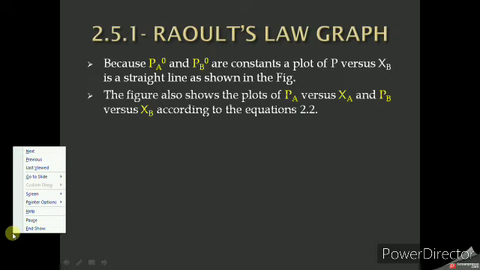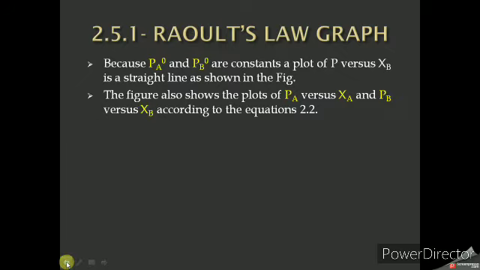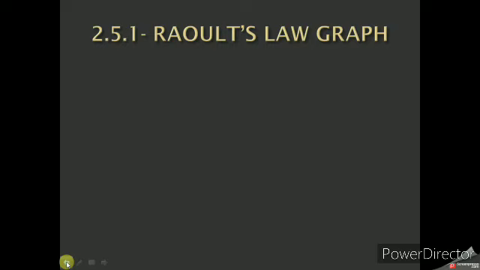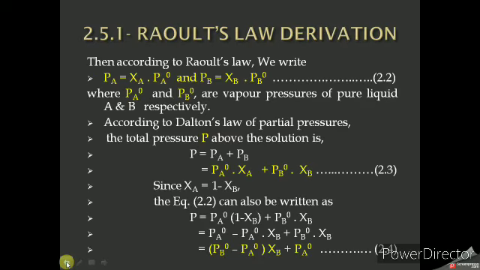The figure also shows the plot of partial pressure of A component versus mole fraction of that A component, and PB versus XB, according to equation 2.2. What is equation 2.2? Here is equation 2.2.